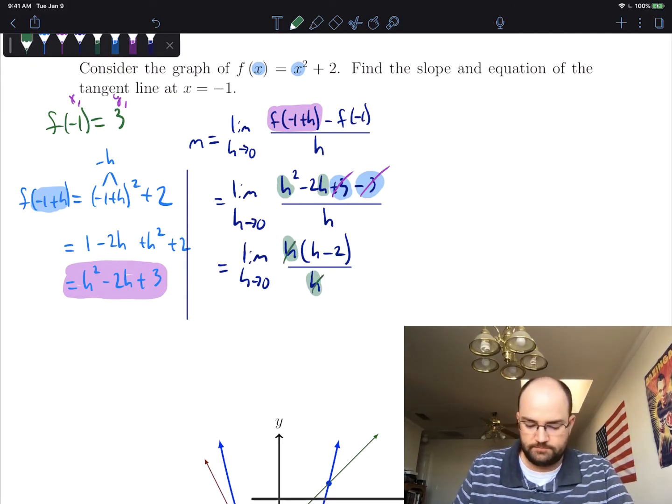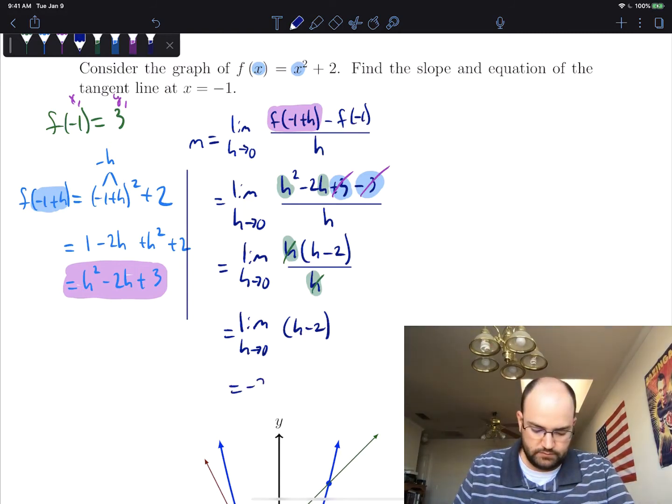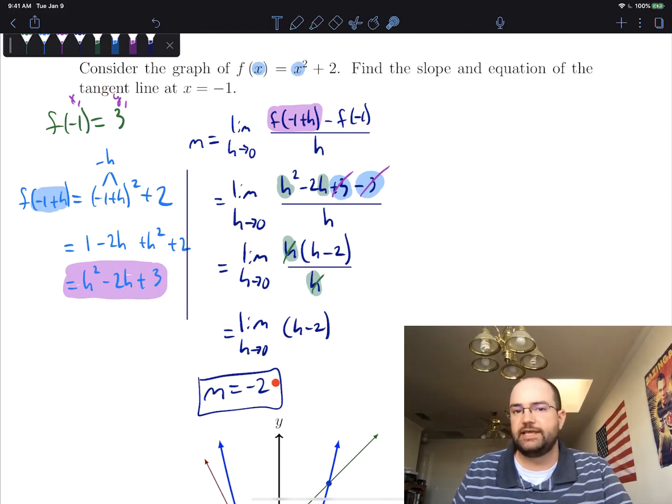They're gone. So really, we're just left with the limit as h goes to 0 of h minus 2. And if you plug in the 0 here, 0 minus 2 is -2. So m, in this case, the slope of the tangent line is -2.